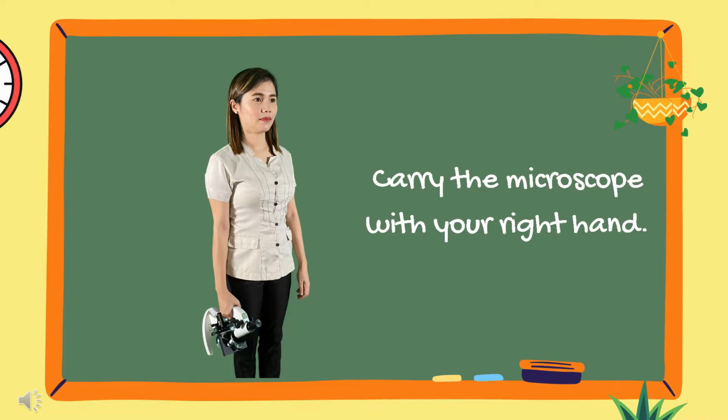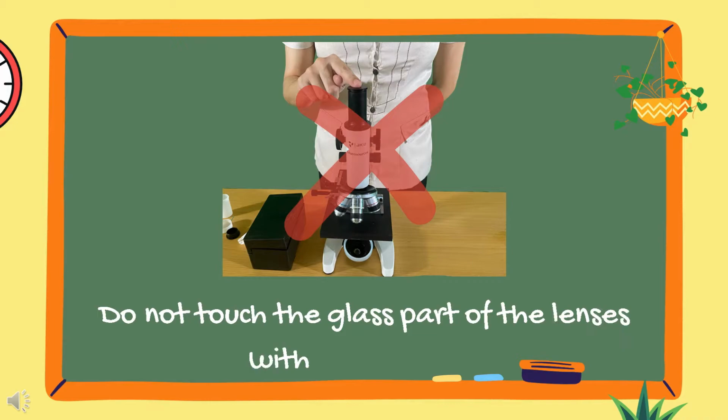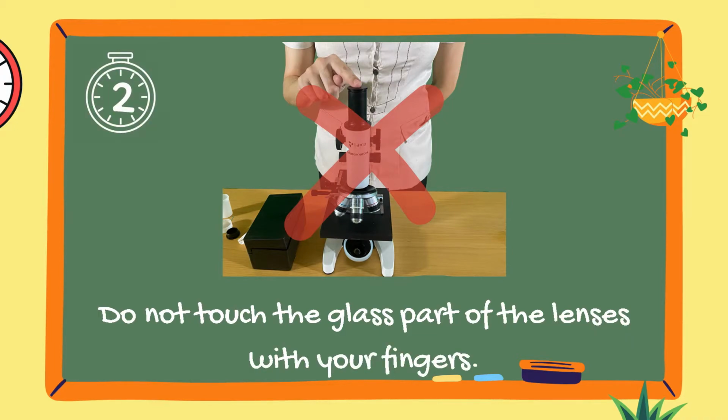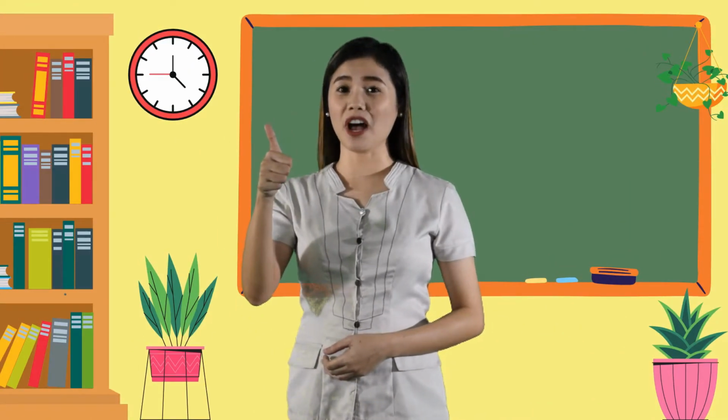Carry the microscope with your right hand. Your answer is correct. We should carry the microscope with both hands. Do not touch the glass part of the lenses with your fingers. Very good! Never touch the glass part of the lenses with your fingers. You did an incredible job!